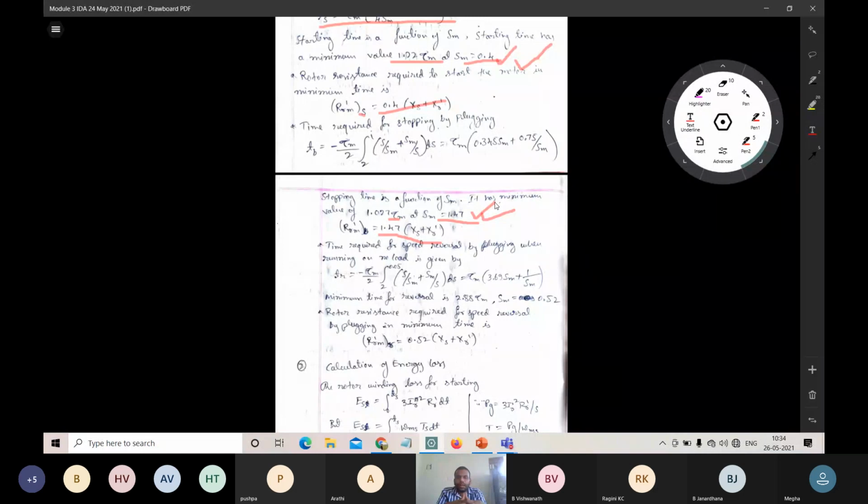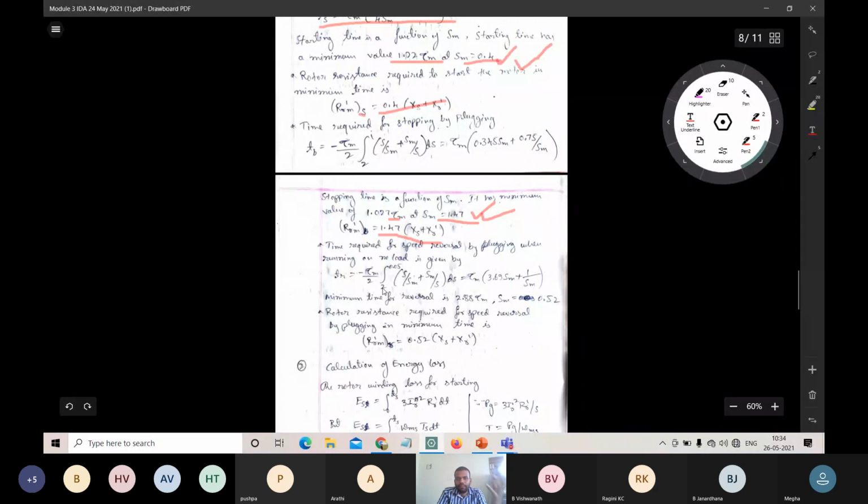When the motor is running at no load condition, the plugging time required, TR, is the time required for reversal of the speed by using plugging. That would be given by minus tau m by 2, where the integration is taken from 2 to 0.05.